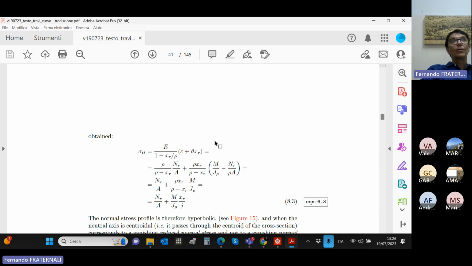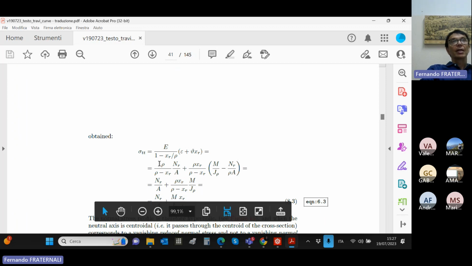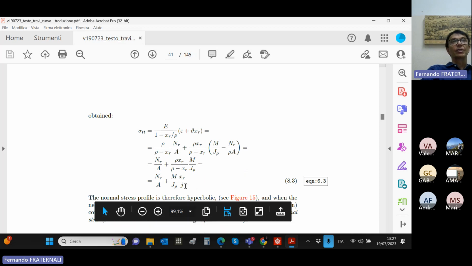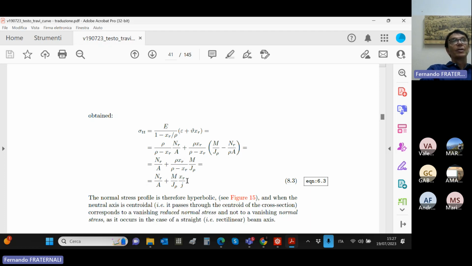So now the generalized Navier formula reads sigma tt, which is the normal stress in the cross section, equal to nr over a instead of n, and then we have m over j rho times x r divided by j.